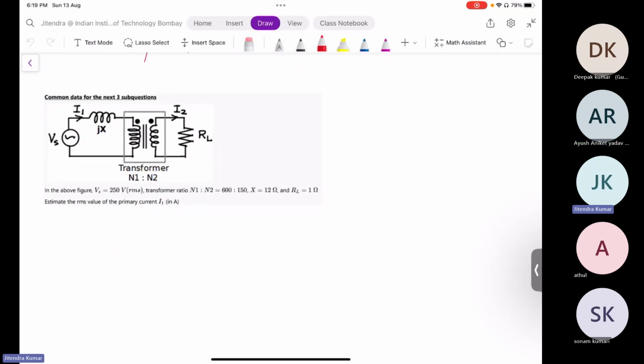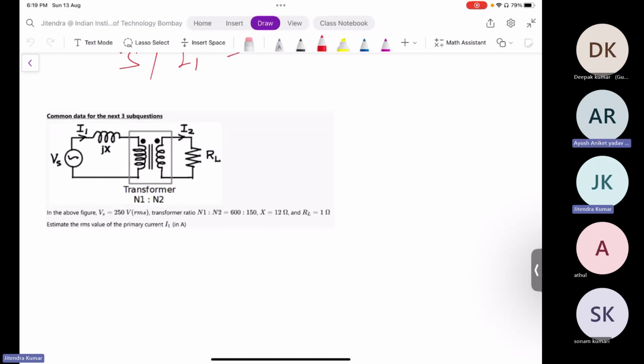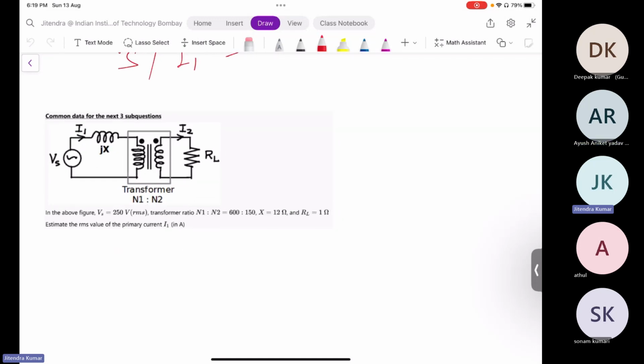Sir, yeah, we are lagging, sir, in terms of alignment between the session which is going on in the course and the practice session which we are doing.